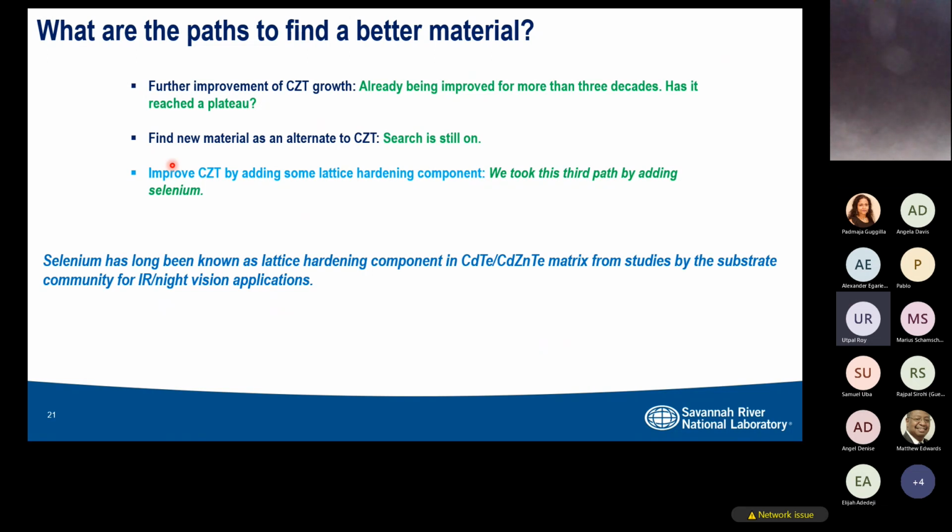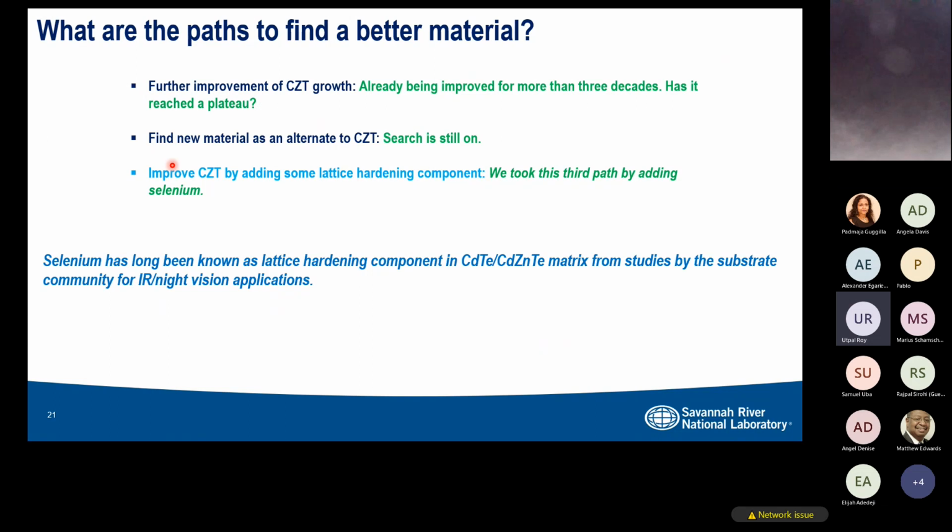Actually, the cadmium zinc telluride with selenium is free from dislocation wall network, and it has better compositional homogeneity as compared to cadmium zinc telluride. So once you put selenium, it becomes cadmium zinc telluride selenide, which is far superior to cadmium zinc telluride as far as defects are concerned.